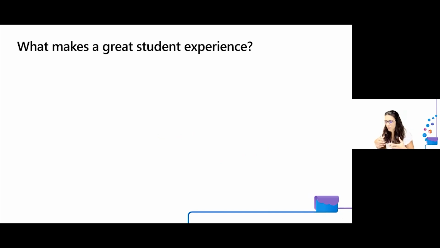But what is necessary to make this great student experience, and how can we enable this for our students? So the first step is always identity, and I won't go too much in depth on this topic because you'll have a session this afternoon to go over this. But the way that we achieve this great experience is to make sure that our students have cloud-connected identities.